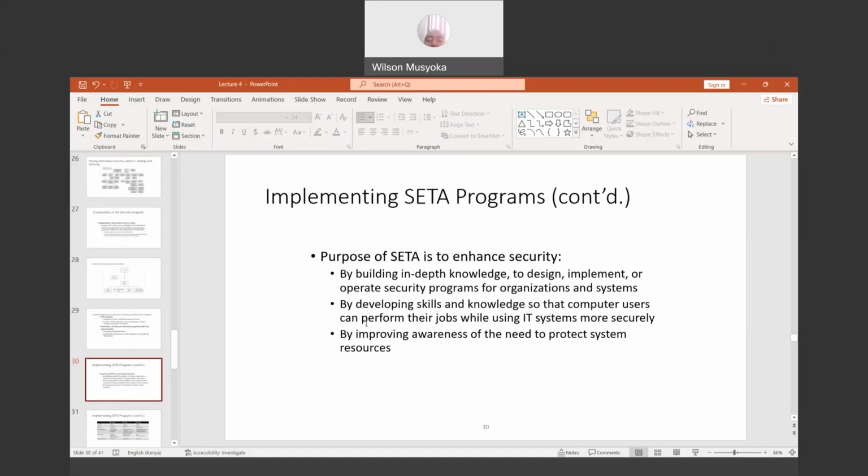It is done by developing skills and knowledge so that computer users can perform their jobs while using IT systems more securely, and by improving awareness of the need to protect system resources. So it is meant to ensure that the necessary mechanisms for accomplishing the set mission are put in place, and they will be followed.